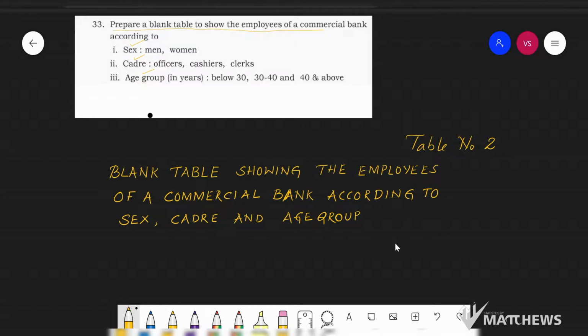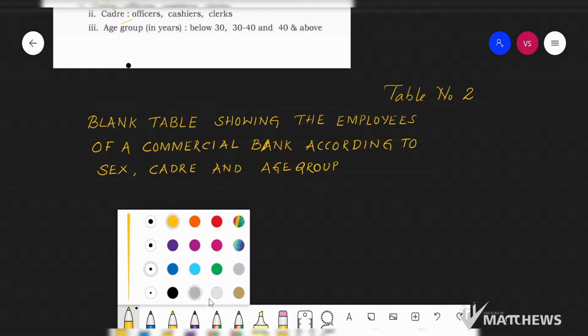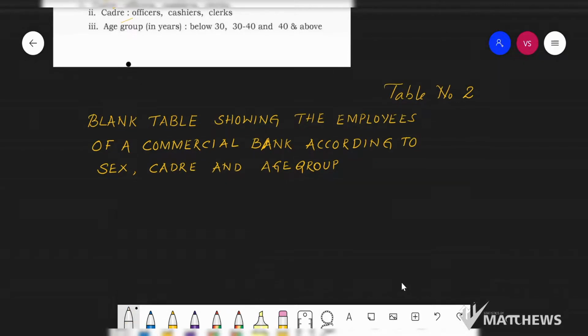Okay. So now, as I have showed it to you, what is it that we need to do, students? We need to start writing. So I will take the title. What is it in the columns that we should do? In the columns, I told you about the cadre.